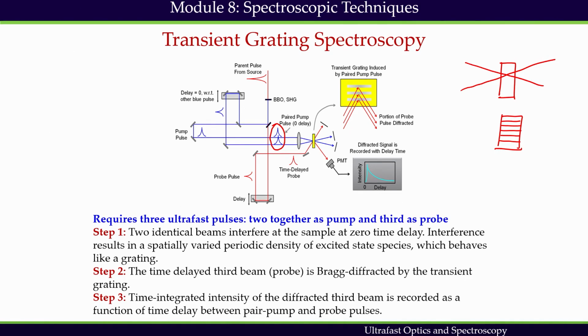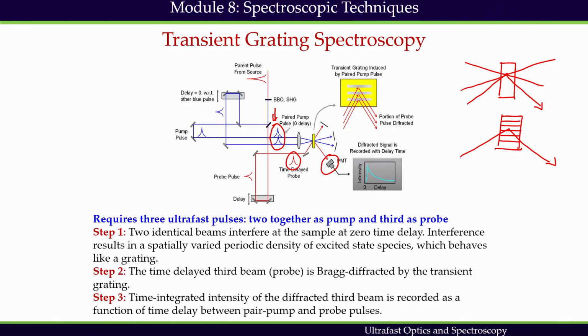Then the third pulse, which is time delayed with respect to the pair of pulses, is Bragg diffracted by the generated transient grating. This will be diffracted back. In this technique we monitor the time integrated diffracted signal of the third beam.